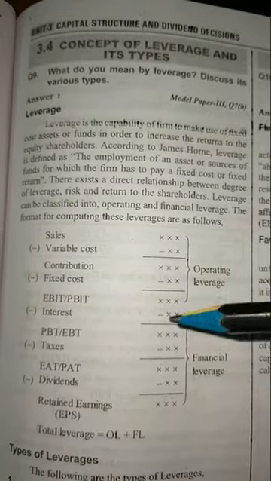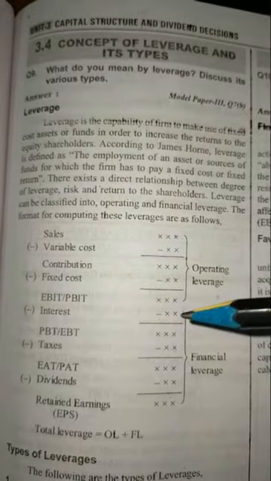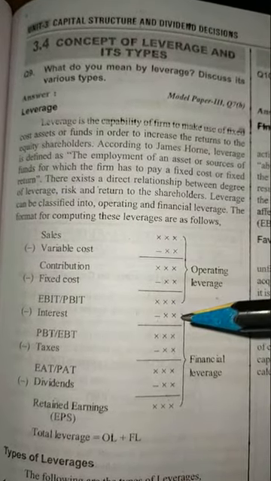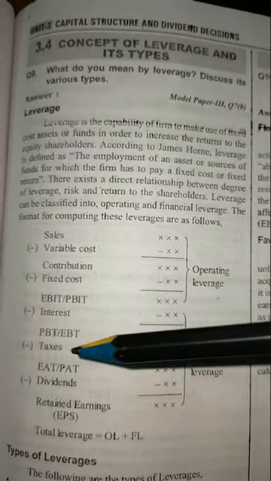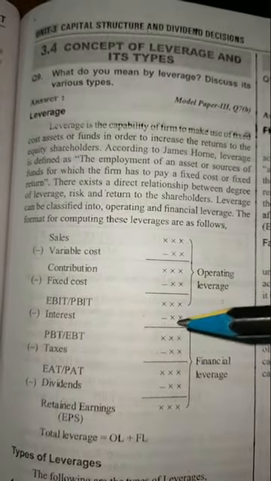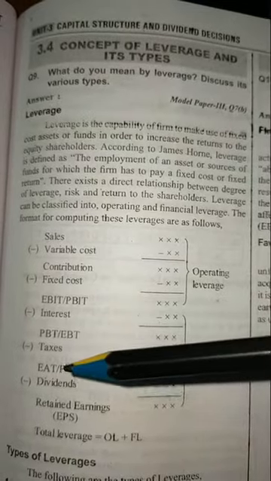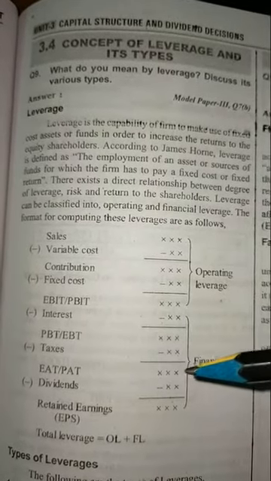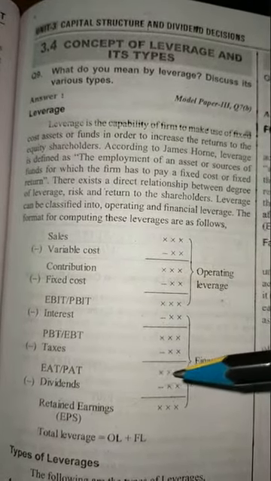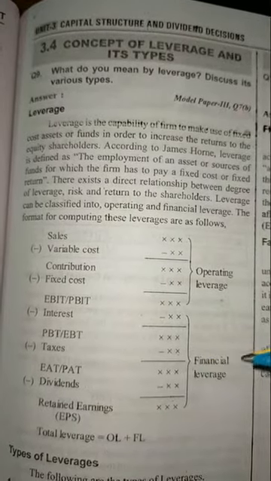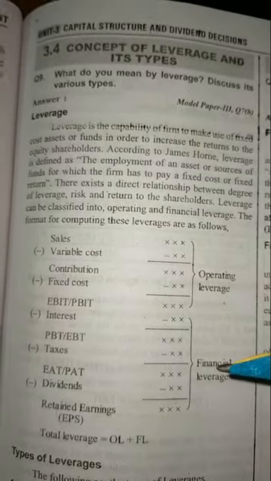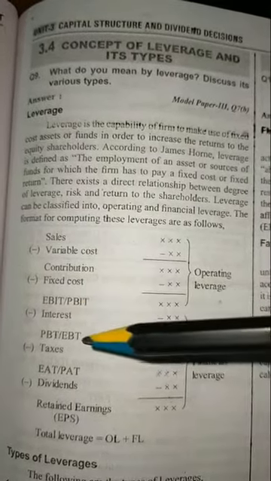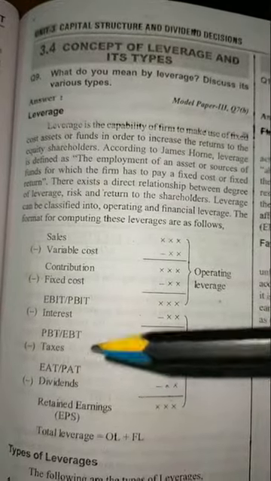If the tax is also given in the problem, then we need to subtract taxes, and it will become PAT. In general problems, we get till PAT. Financial leverage is EBIT divided by EBT or PAT.